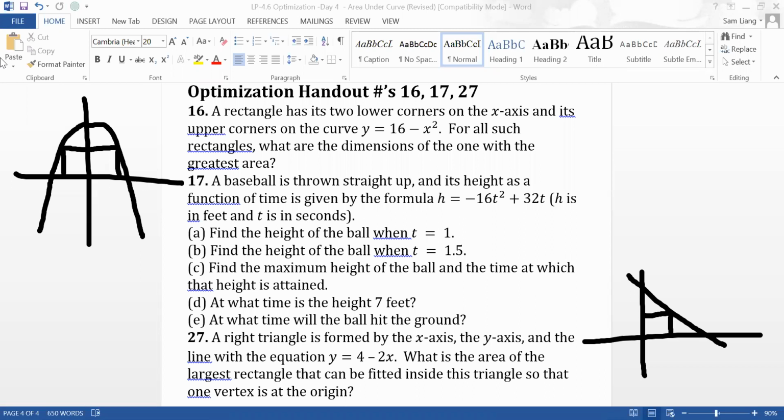All right, just FYI, these are the two diagrams for 16 and 27. Hopefully that helps, and we'll discuss in about 5 minutes.